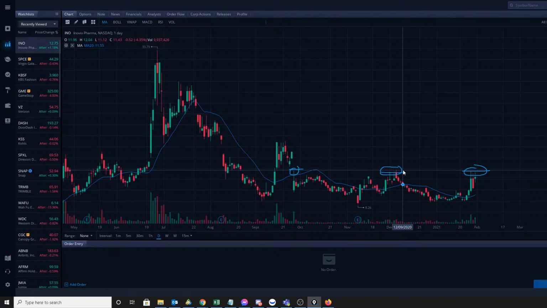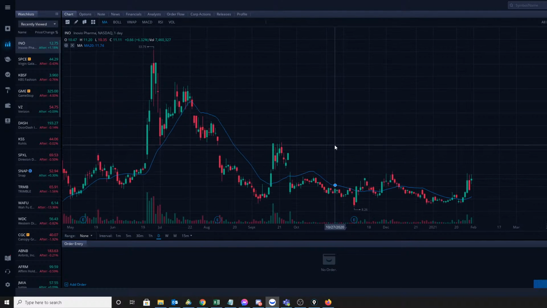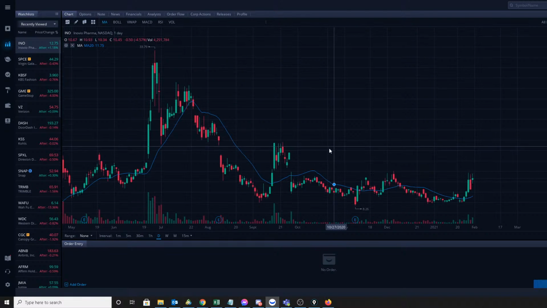And 1395 is my level that I'm looking at. So this line here on the chart, 1395, is what I'm looking for. If we get a break above 1395, I'm looking for this thing to push up to about $18.